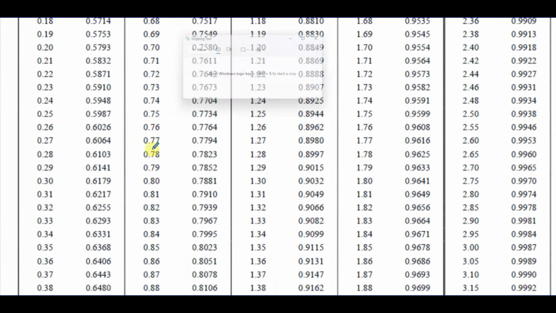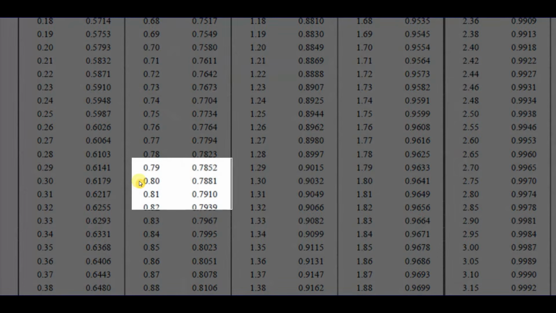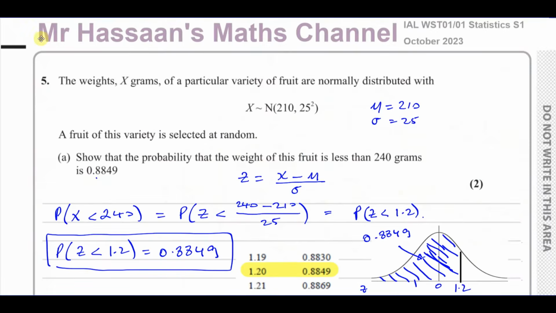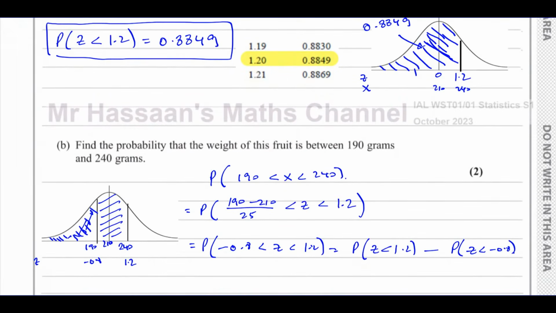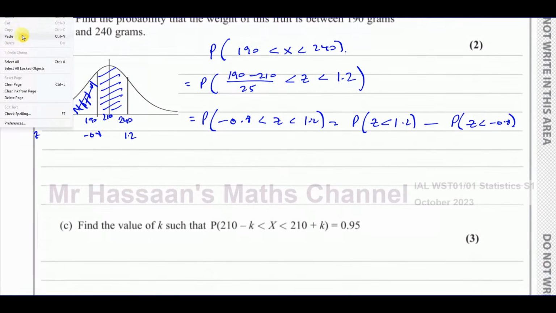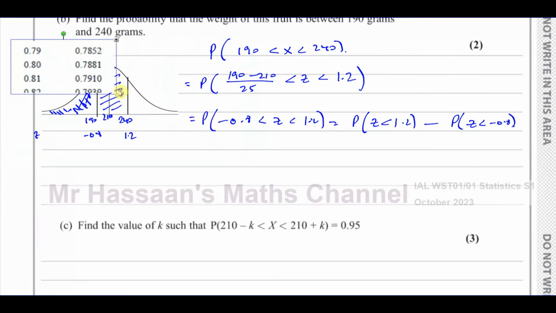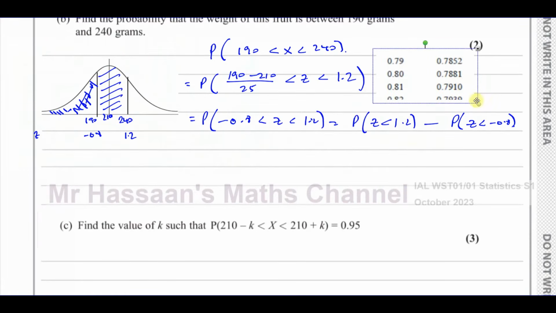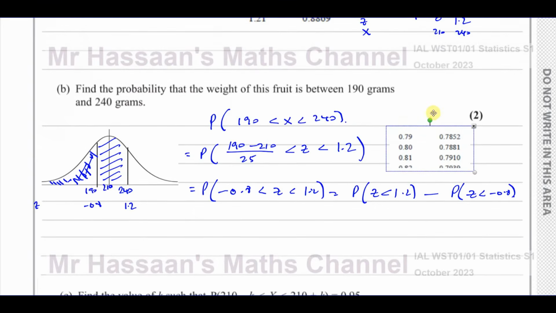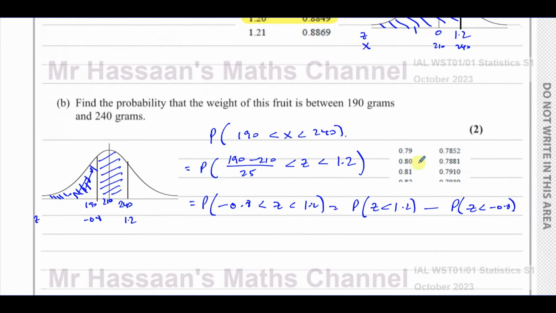So if I take that and we use that over here, okay, so now what we can say here is we need to get this value here. Now that is going to be the value that Z is less than 0.8, which is going to be over here somewhere. Okay, 0.8 is going to be somewhere over here.